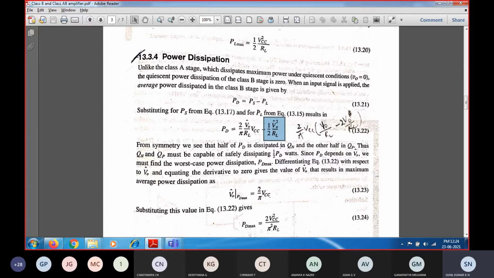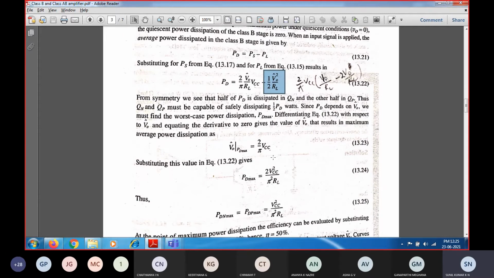If you calculate the power dissipation, it will be the total power dissipation. If you divide by 2, it will be the power dissipation with respect to each of the PNP as well as NPN transistors respectively.